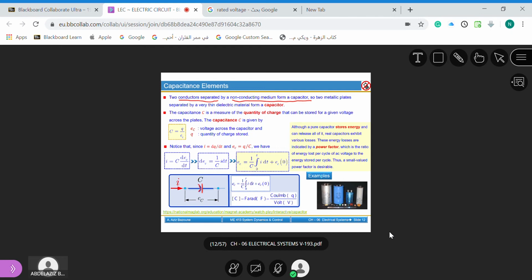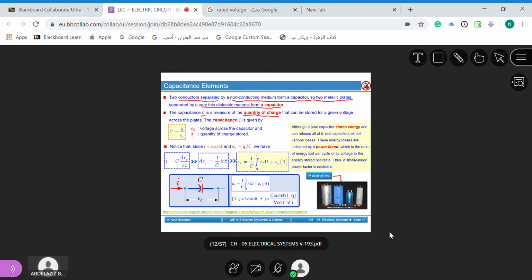It separates the two sides of the capacitor. Two metallic plates separated by a very thin dielectric material are called a capacitor. You can see them here, Shabab, also. These are the examples. The capacitance C is a measure of the quantity of charge that can be stored for a given voltage across the plates.